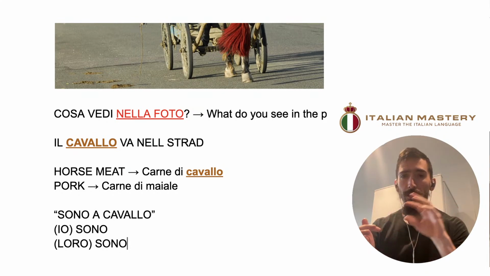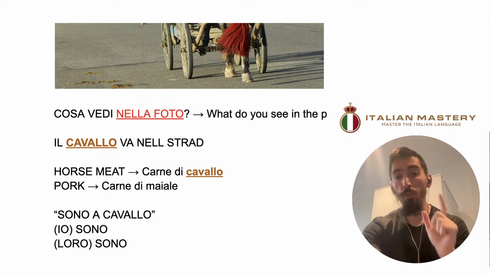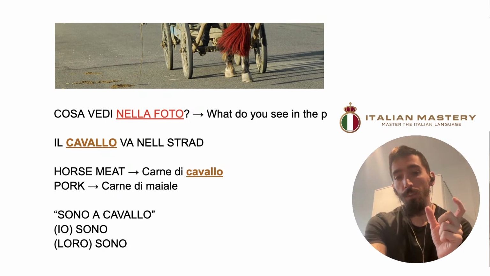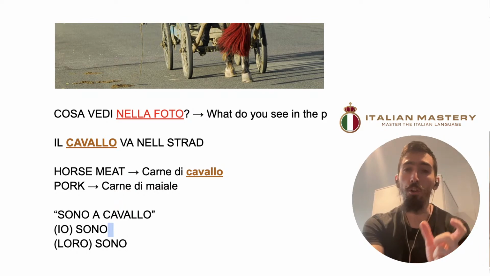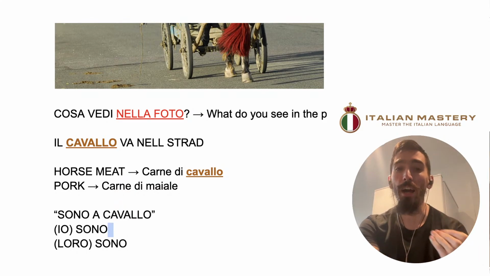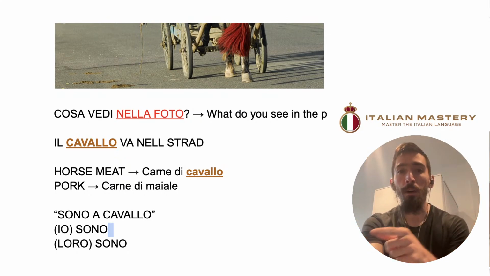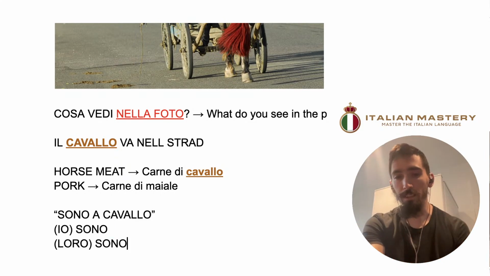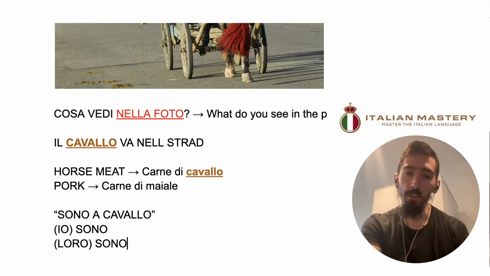You make the subject explicit. In Italian, we don't do that, but there is a problem when we have conjugations such as I am or I do, because I am and they are look the same. So we can be explicit and say loro sono, io sono. But this is beyond the point.